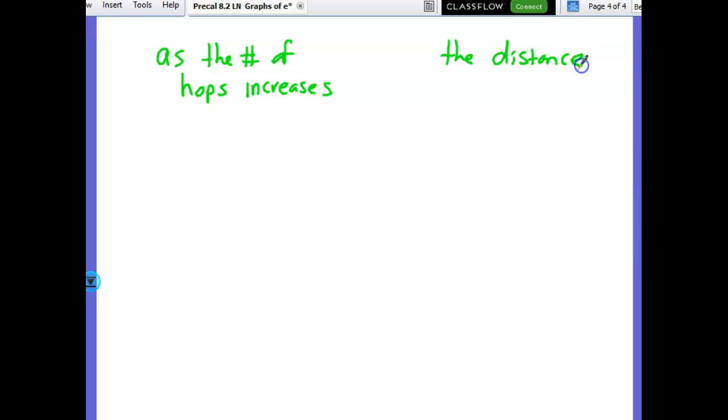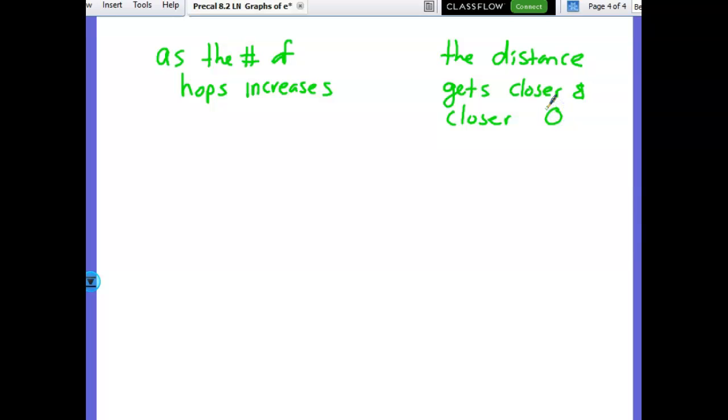The distance between the frog and the pond, what happens? It gets smaller, right? And let's be more specific. It gets closer and closer to what? Give me a number. The distance, it's getting closer and closer to 0, right?